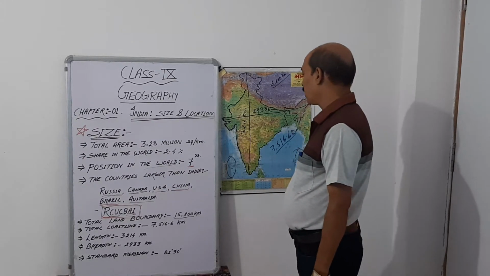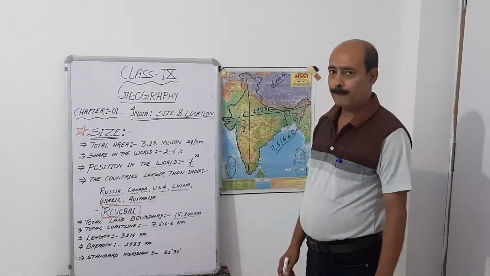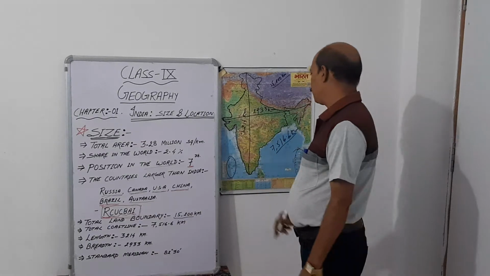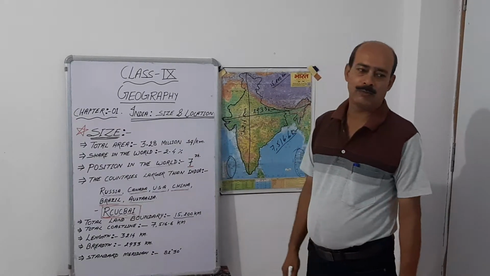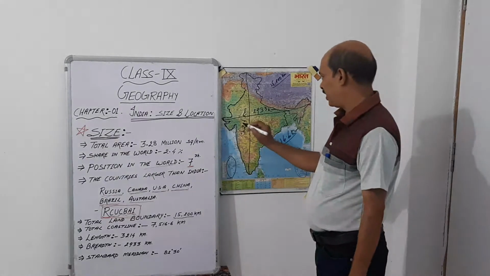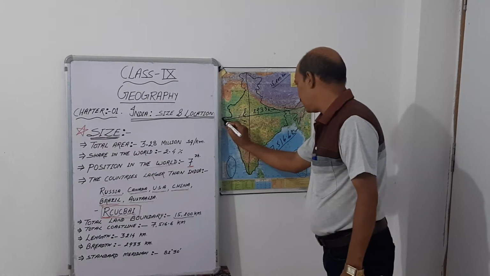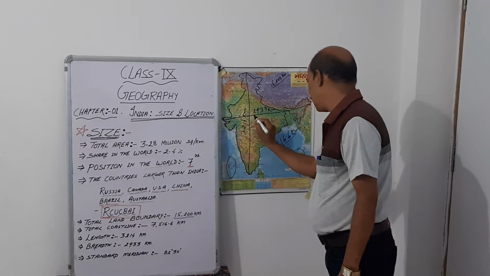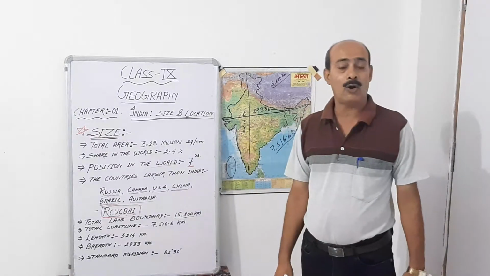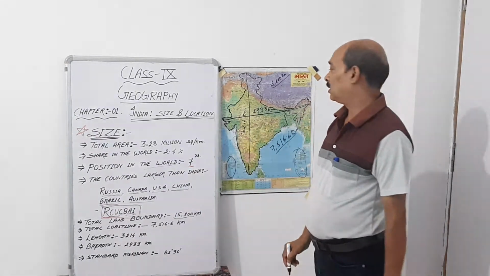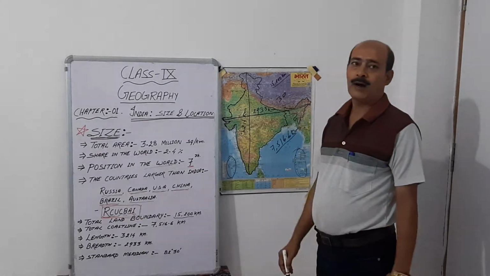Next, how many longitudes and how many latitudes pass through our country? Firstly, longitude: about 30, in round figure, not exact, pass through our country.